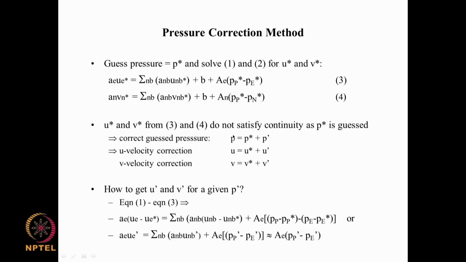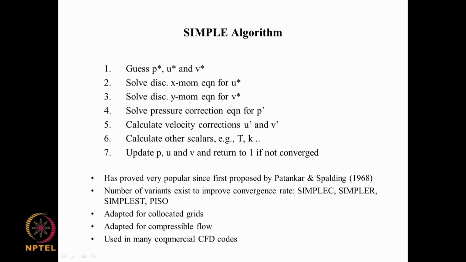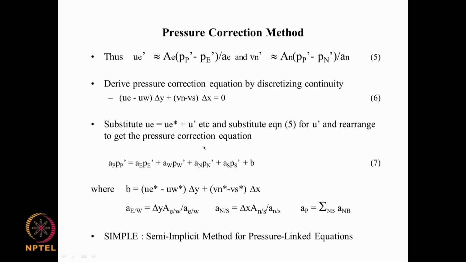So, using these new values of p, u and v, we go back to the discretized x momentum equation, and then we come here, we substitute the new values and get a new estimate for velocities, and then we keep on doing this. So, this method is known as the SIMPLE method. It is known as the semi-implicit method for pressure linked equations.